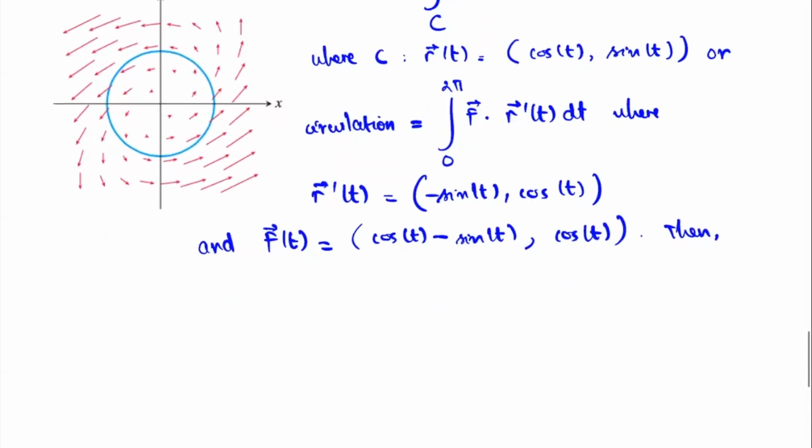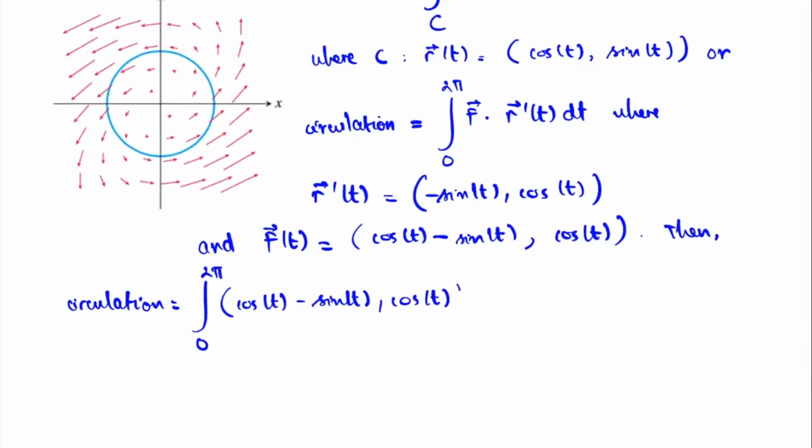Then you have the circulation to be the definite integral from 0 to 2 pi of F, which is cosine of t minus sine of t, comma cosine of t, dot with r prime, in this case negative sine of t, cosine of t, dt.